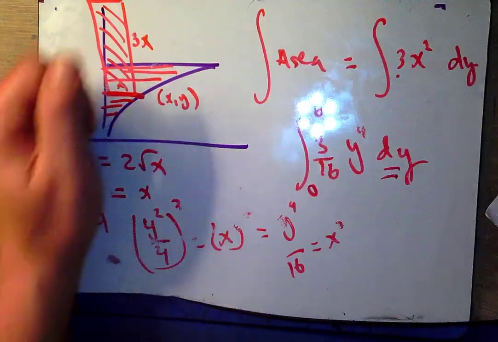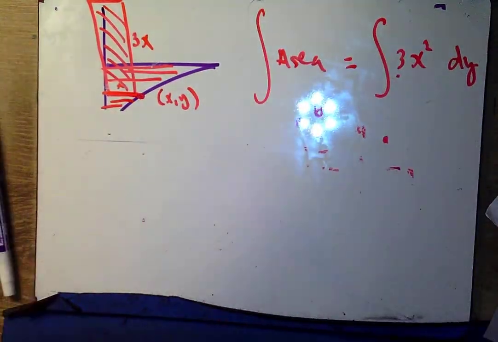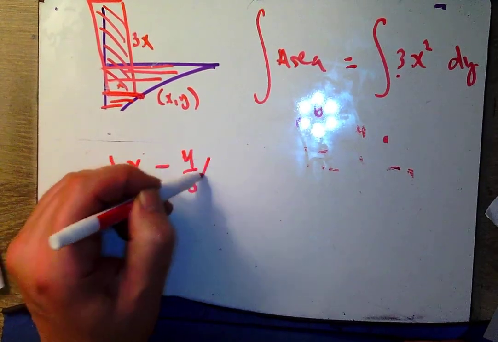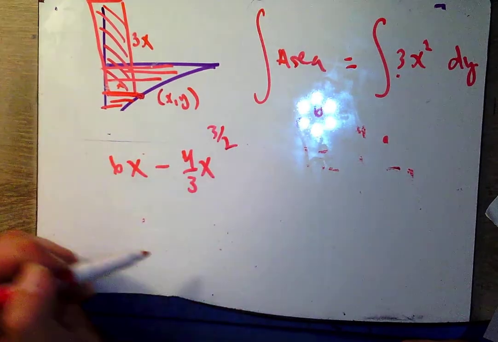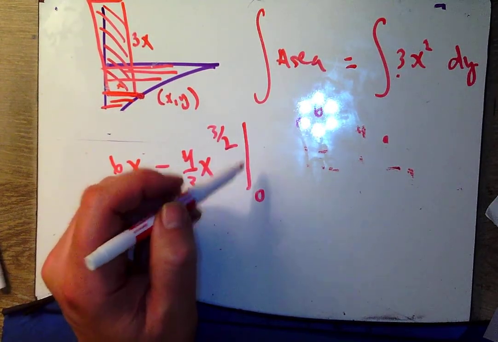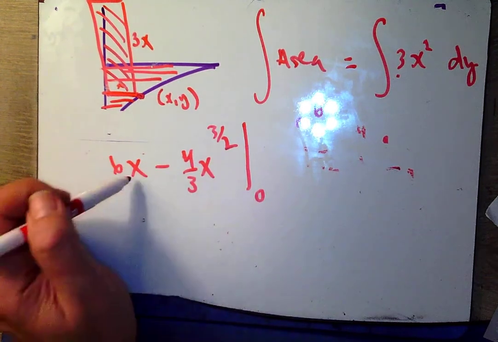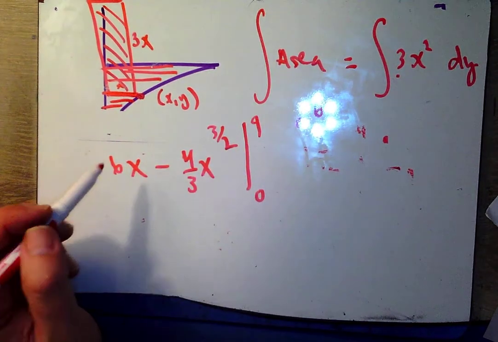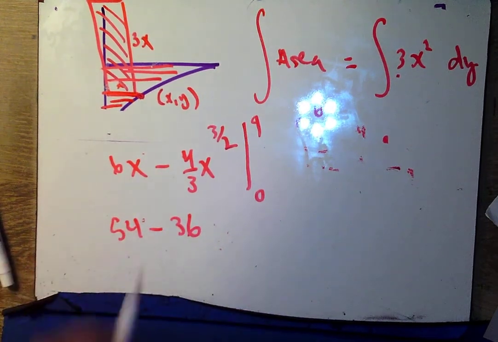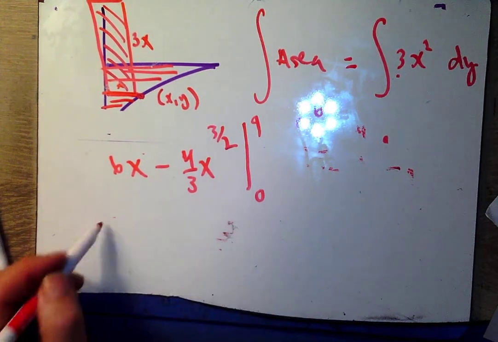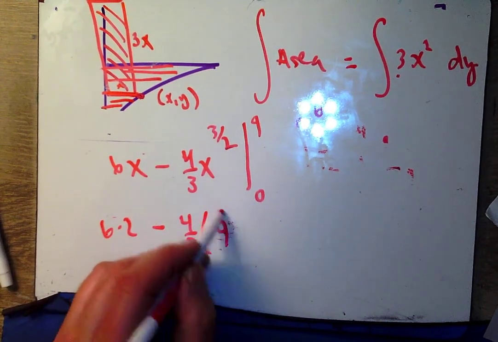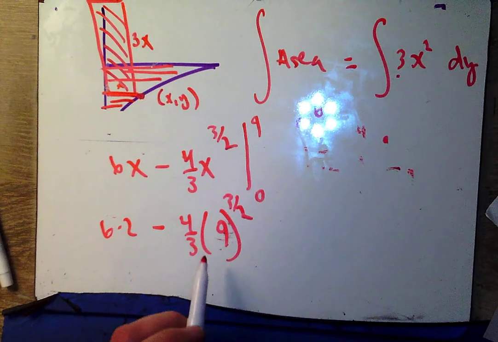If you left this calculation, what was it, 6x minus 4/3 x to the 3/2, right? And we were plugging in a 0 and I think it was a 9. We had 54 minus 36. That is okay. This is not okay.